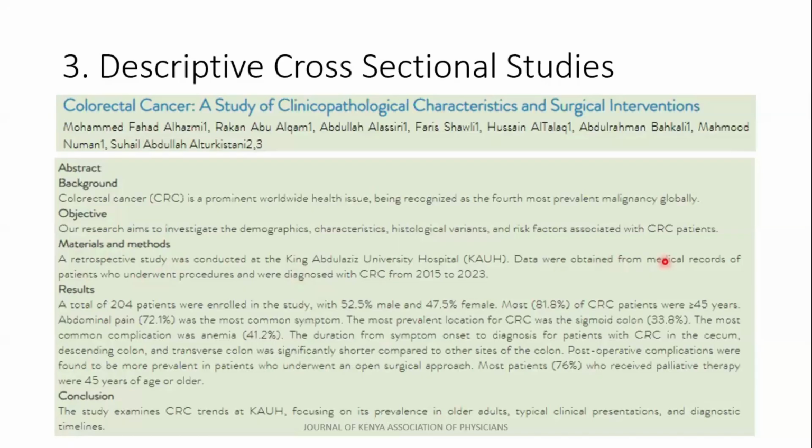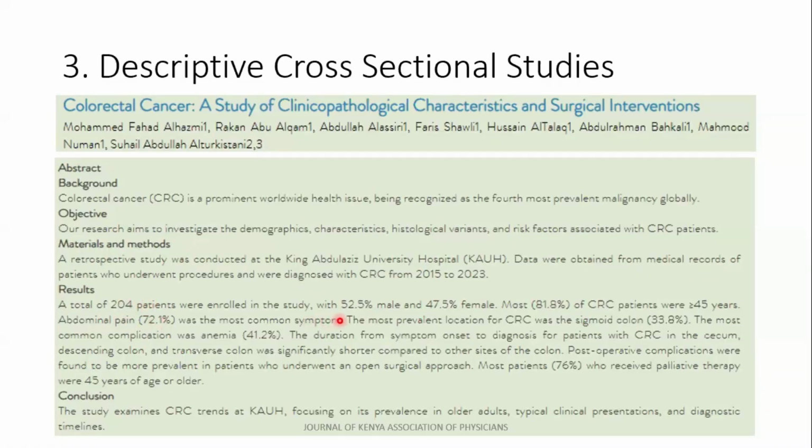Data were obtained from medical records of patients who underwent procedures and were diagnosed with colorectal cancer, over a period of around 8 years, from 2015 to 2023. Even from the results, we can see they're basically just describing features of the participants enrolled in the study. There were 204 participants.